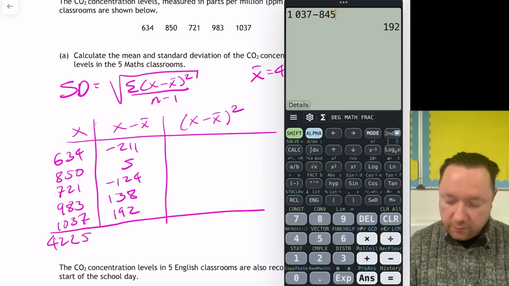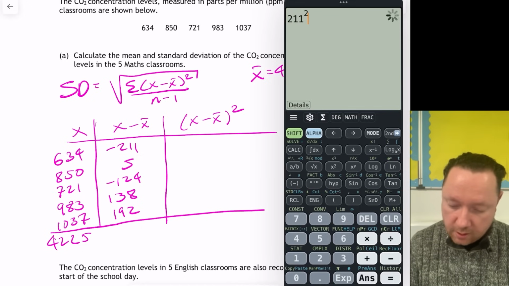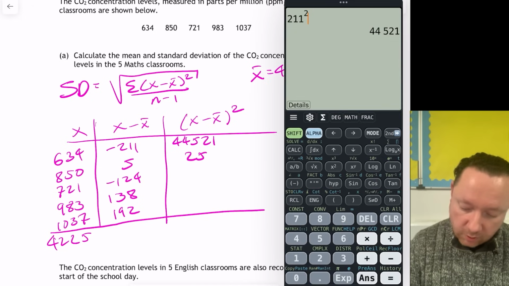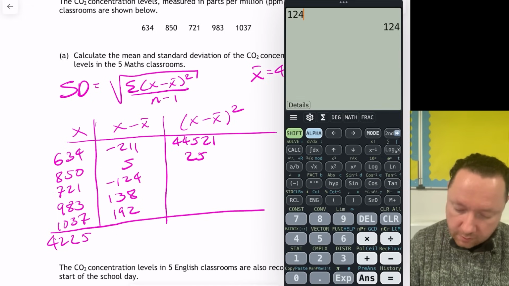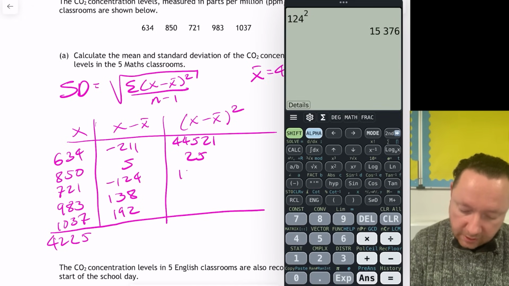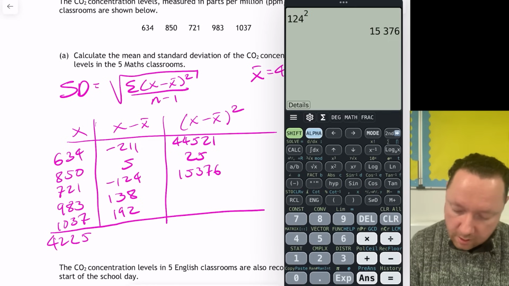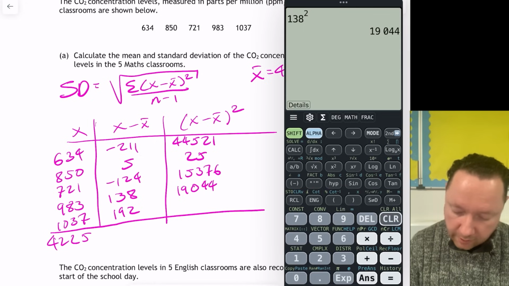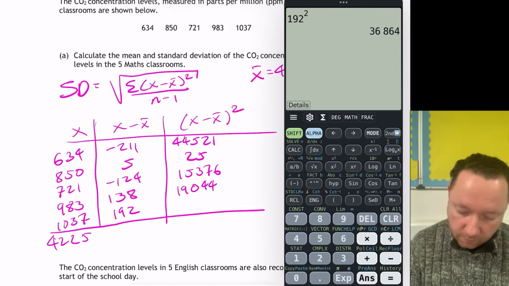So now we square each of the numbers. 211 squared is 44521. Ignore the minus because a minus times a minus is a plus. That one's 25. That one's 15376. 138 squared is 19044. And 192 squared is 36864.